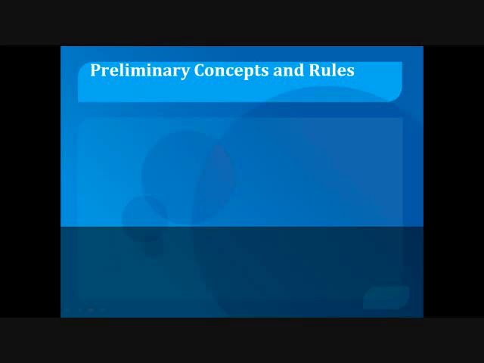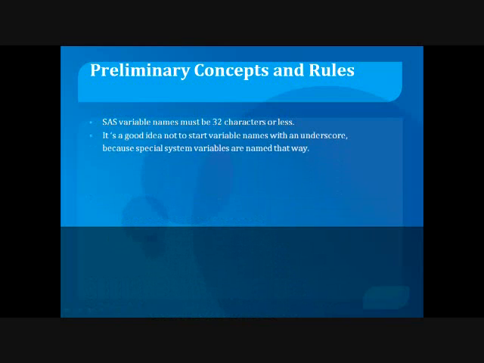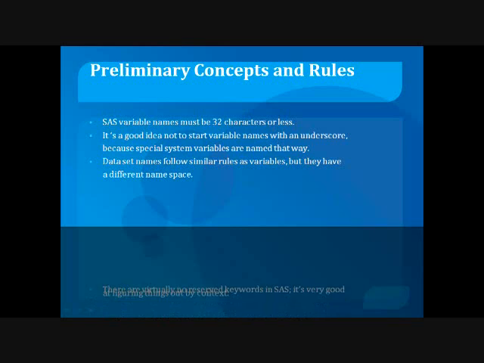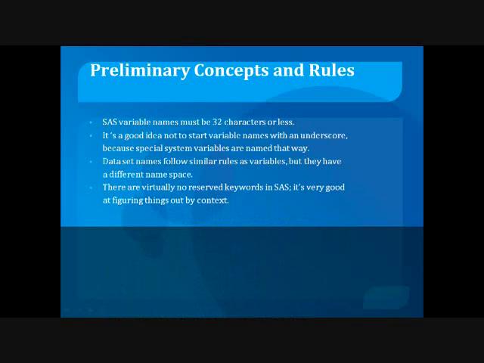Preliminary concepts and rules. SAS variable names must be 32 characters or less. It's a good idea not to start variable names with an underscore because special system variables are named that way. Dataset names follow similar rules as variables, but they have a different namespace. There are virtually no reserved keywords in SAS.